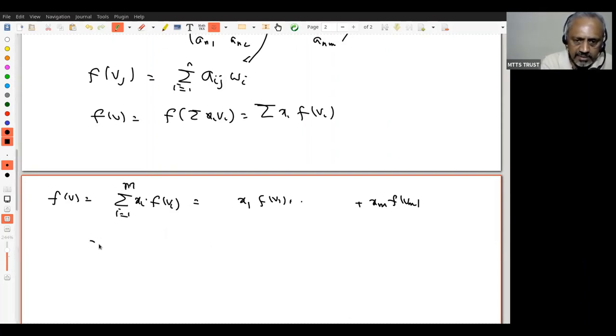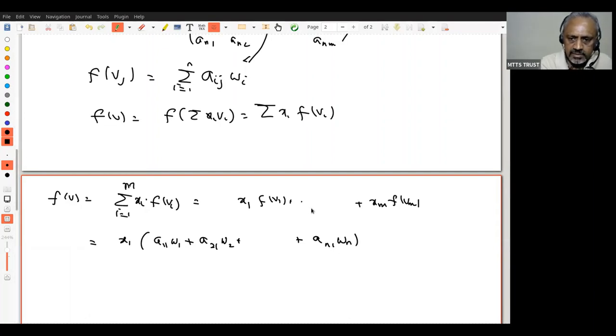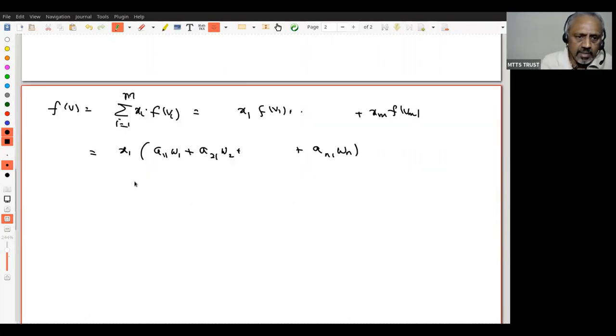Okay, but that is equal to x1 into f of v1, which is a11 w1 plus a21 w2 plus an1 wn. You understand this? Right. But that is our plus next x2 term, x2 into a12 w1 plus a22 w2 plus an2 wn.